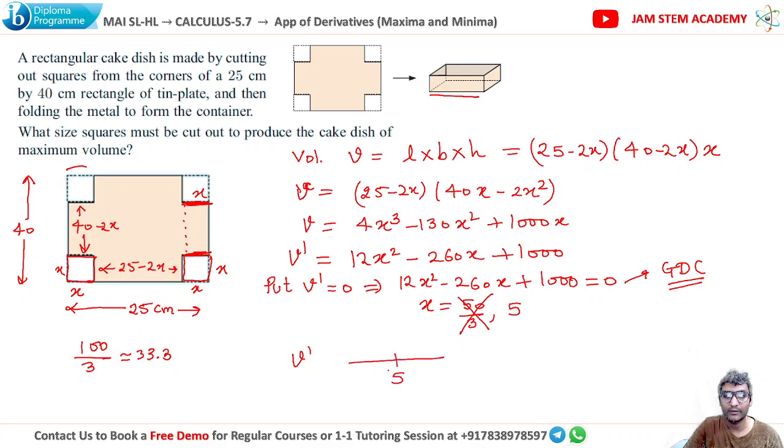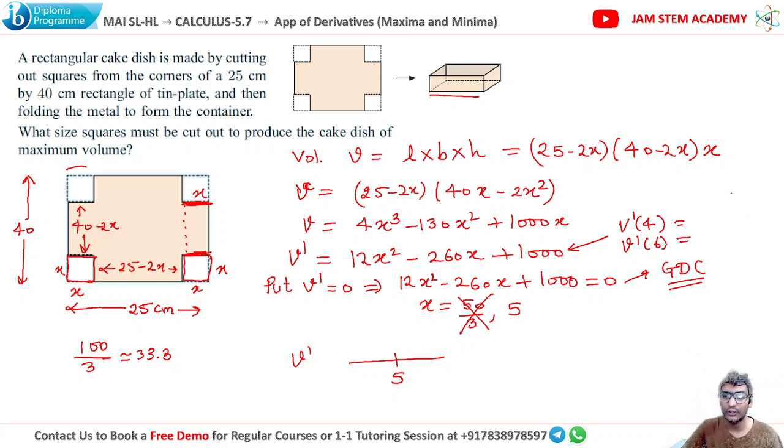5 is the point. Now for the values which are left to 5, you can choose any value, say 4, and put here. Find the v prime 4 and also find the v prime 6 and check the sign only, whether it comes out as positive or negative.